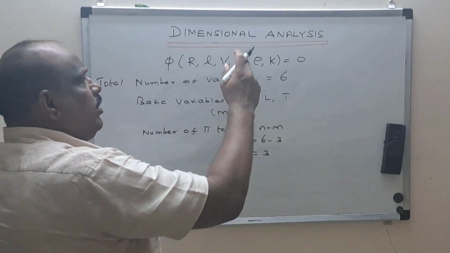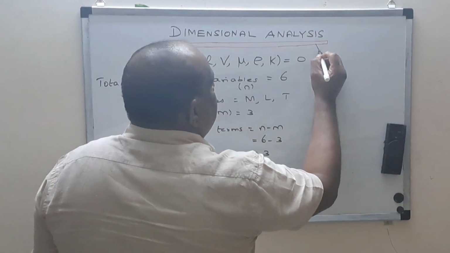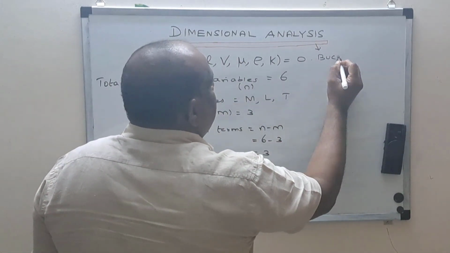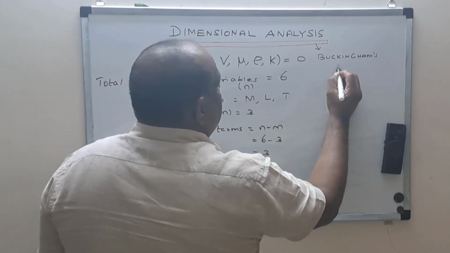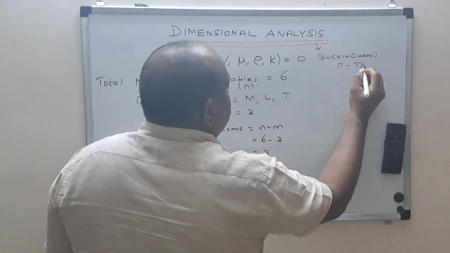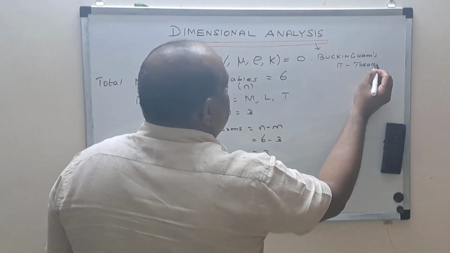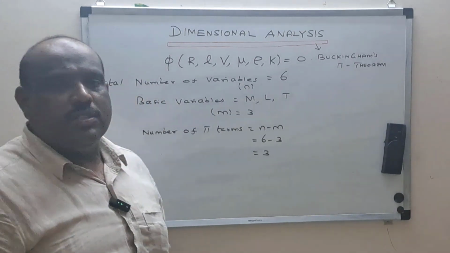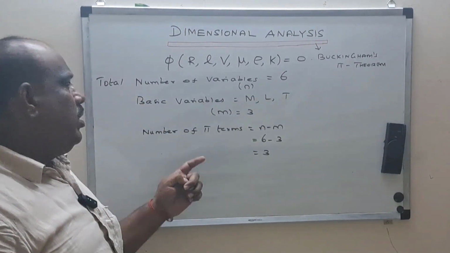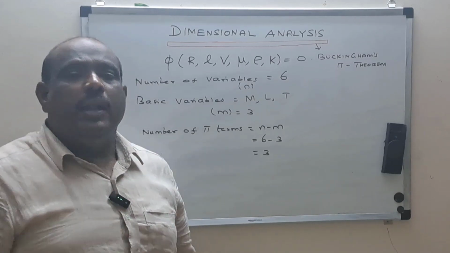So here we are trying to do the dimensional analysis by a method called Buckingham's Pi Theorem. It is called Buckingham's because this is the person who discovered this theorem. Here he tries to form a number of pi terms.